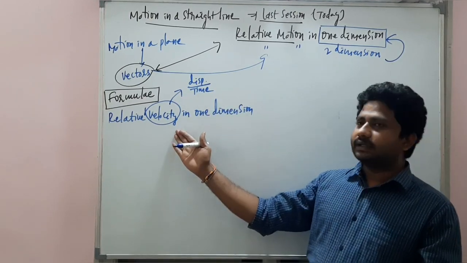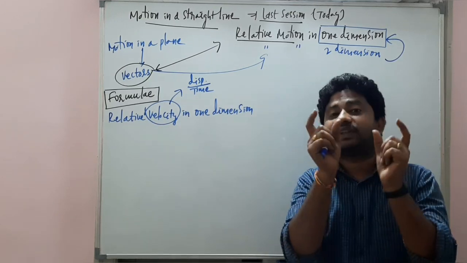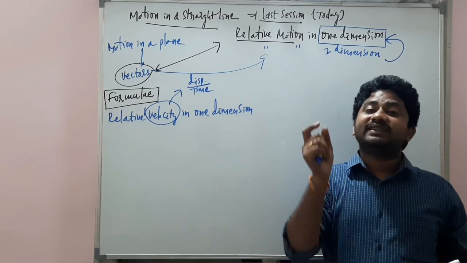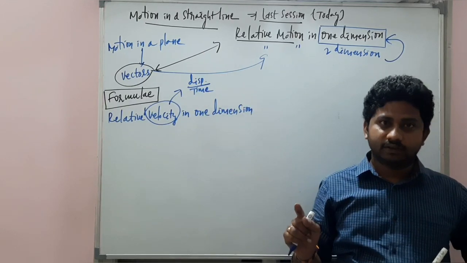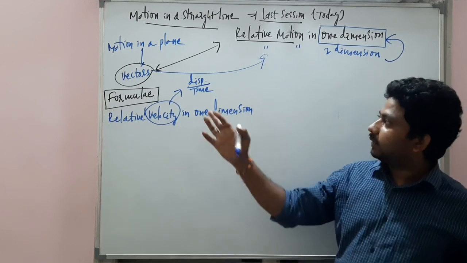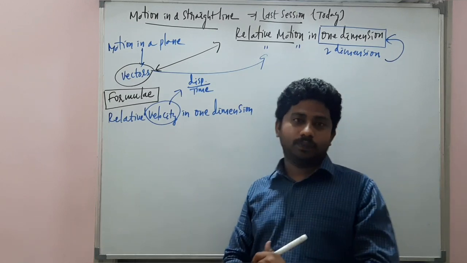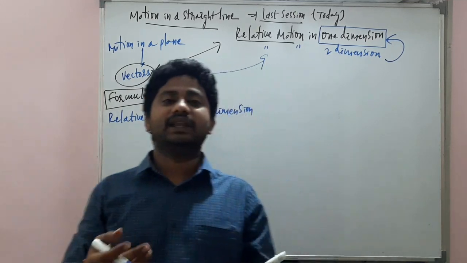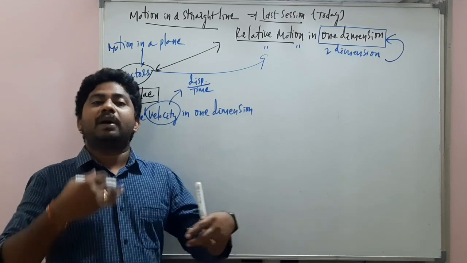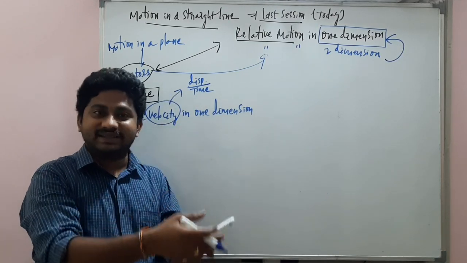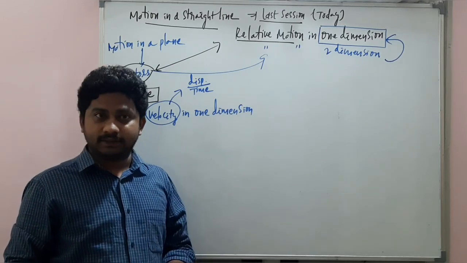If it is speed, if a single body is moving with some speed, how will you calculate that speed? By using distance by time. When a single car, a single bus, a single bicycle is moving in a straight line, by using its displacement or distance covered divided by time, you can find its speed or velocity.